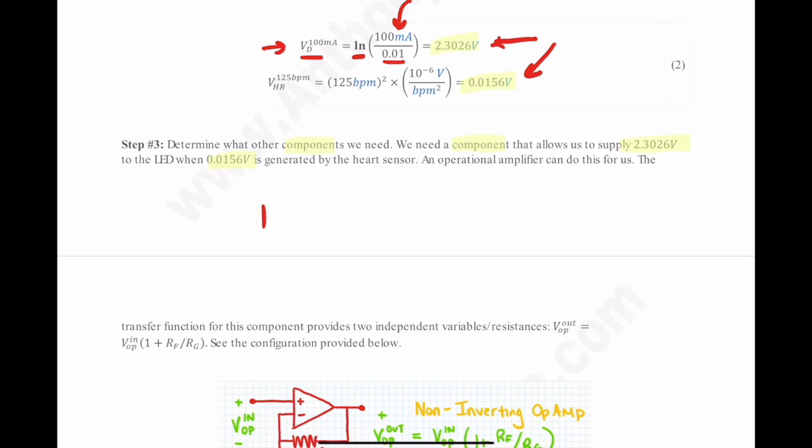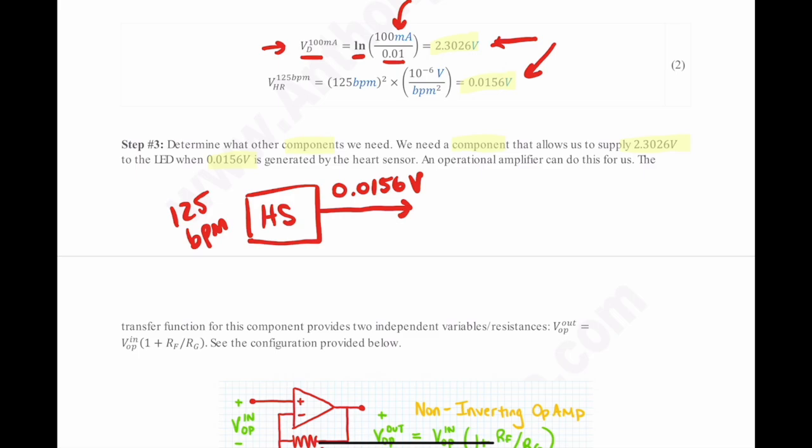So if we have the heart sensor, and that is generating 0.0156 volts, that corresponds to 125 beats per minute, we want that, and I'm going to put an X here, we want some magical component. We want that then to spit out 2.3026 volts, and that can then go to our LED.